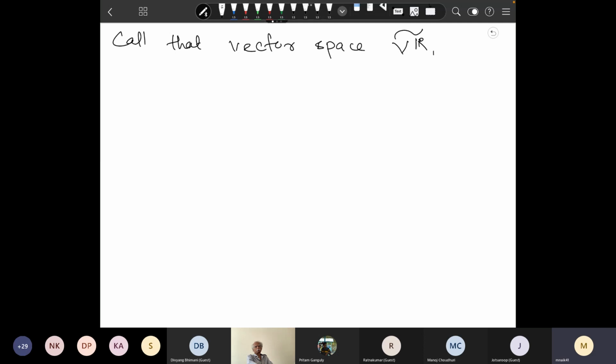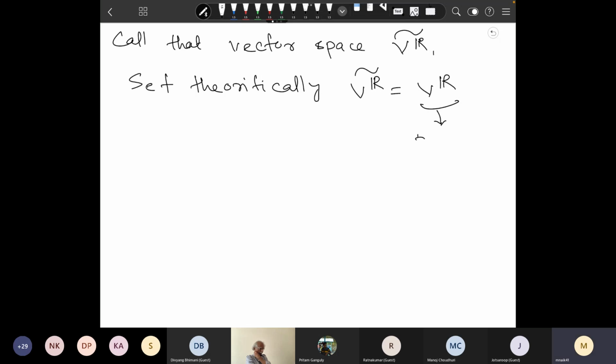So in this case also, set theoretically, VR tilde is equal to VR, but this is a real vector space, but this is a complex vector space.